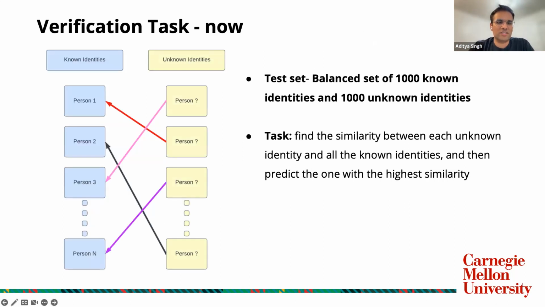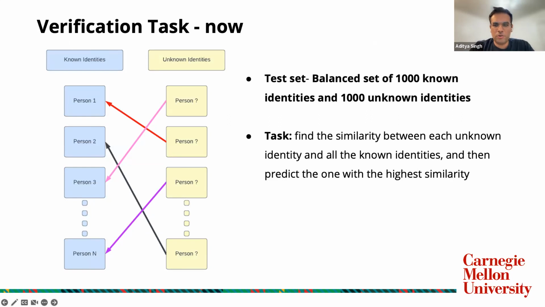Here's what the verification task is now. In the test set, we have a balanced set of 1,000 known identities and 1,000 unknown identities. The task is to find the similarity between each unknown identity and all the known identities, and then predict the one with the highest similarity.